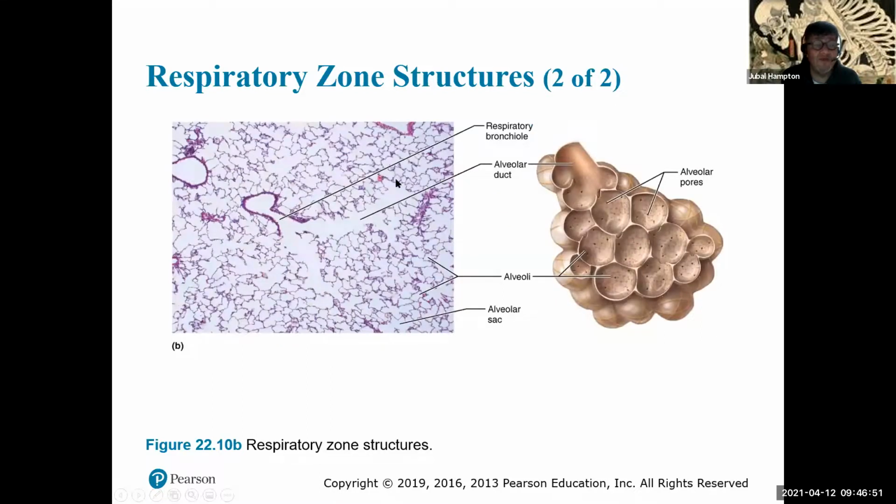Here we have a photomicrograph of the alveoli. Here you can see the single squamous cell construct of the sacs. Alveolar pores are the opening. This is our alveolar duct that leads immediately into the alveoli.